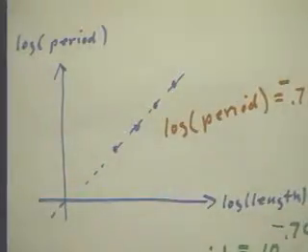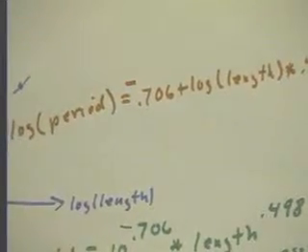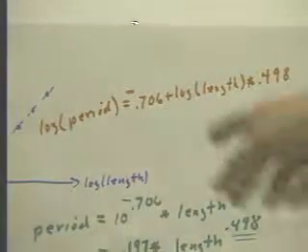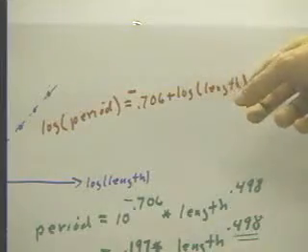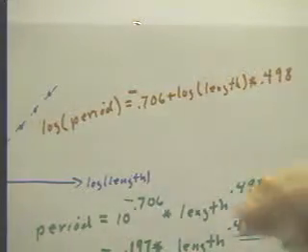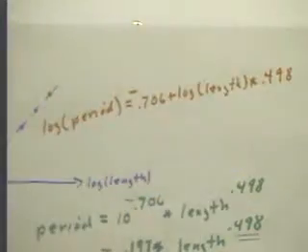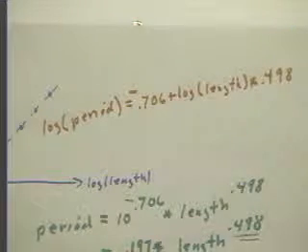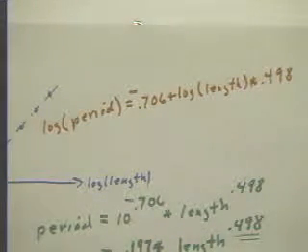We could estimate, but Derive gave us the specific function. Log of the period is negative 0.706 plus log of the length times 0.498. And that's close to what we would get if we drew an accurate graph and estimated the y-intercept, which Derive tells us is negative 0.706, and the slope, which Derive tells us is 0.498.